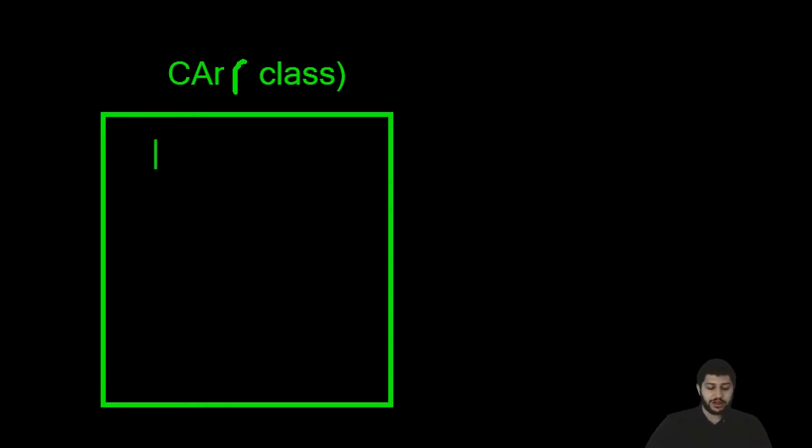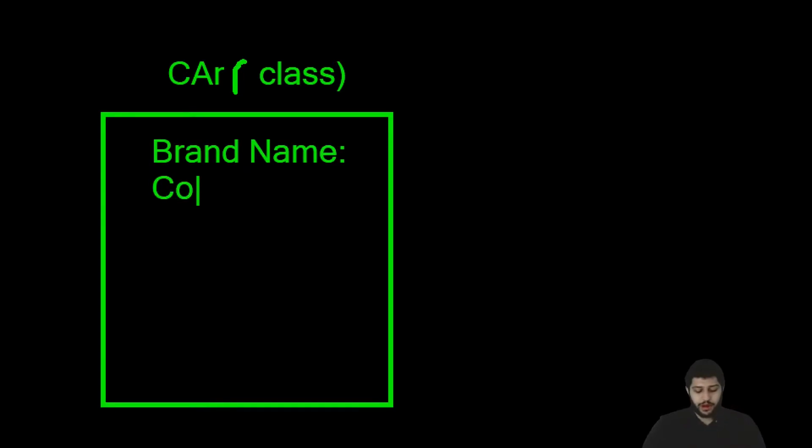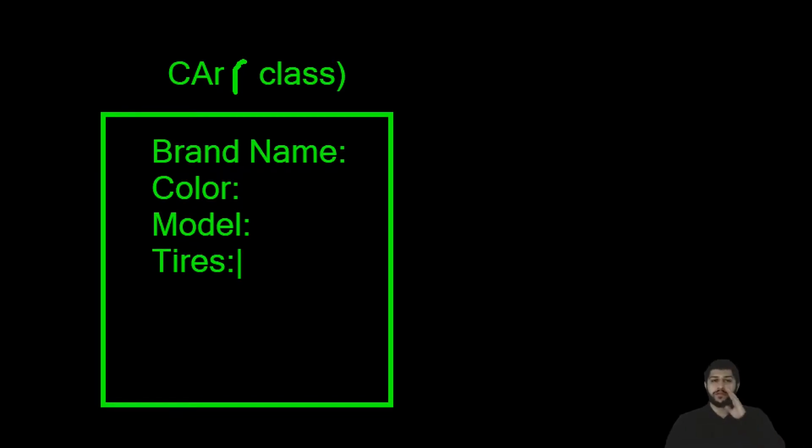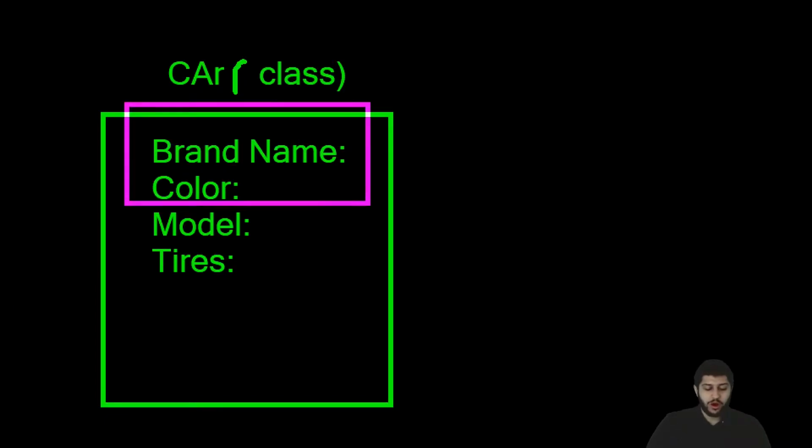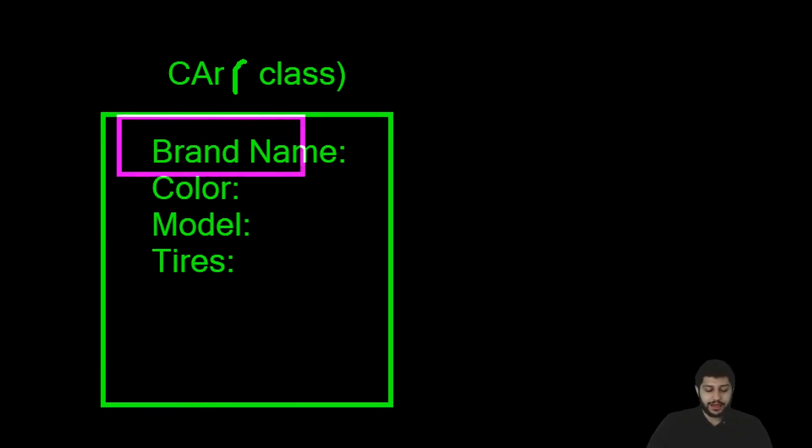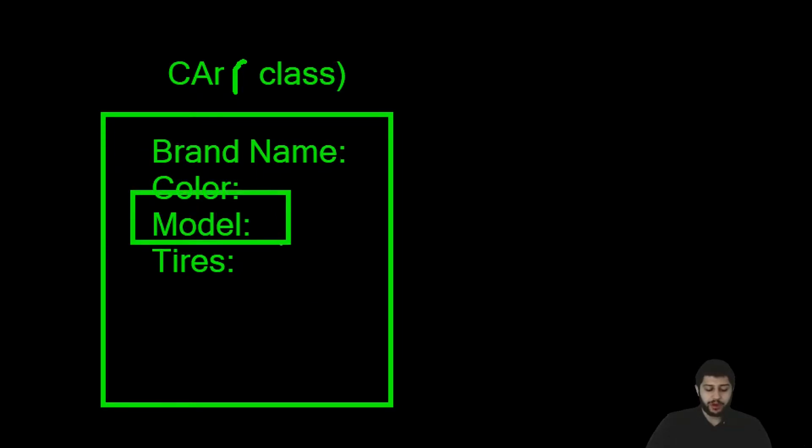If we have this car class and we say, okay, in order to create a car object, this car object needs brand name or manufacturer, it needs color, it needs model, it needs tires, and a lot of stuff, a lot of variables, a lot of data together. So our car object needs these specific properties, the specific data.